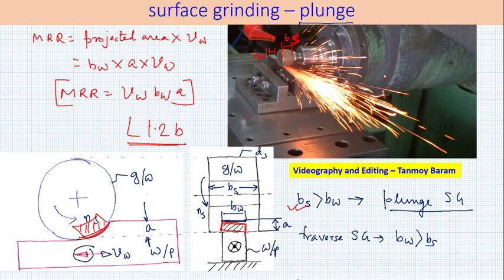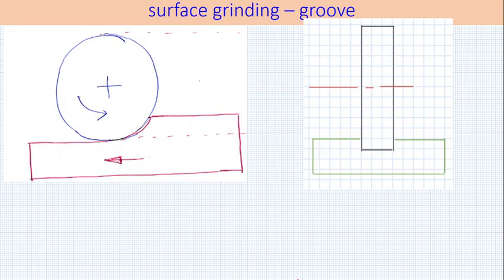Now let us revisit another grinding process, or rather, this you are looking at for the first time. This is called groove grinding. So this is your Ns, this is Ds, this is A. These are all known to you. This is Vw. It is reciprocating, but at this moment it is going in this direction.